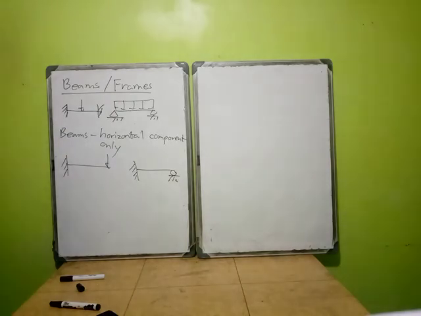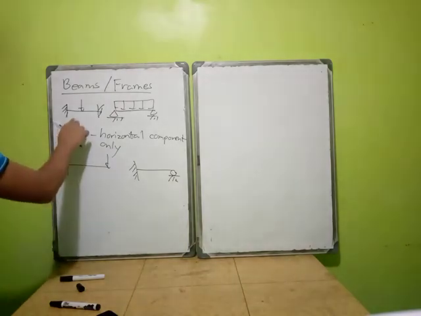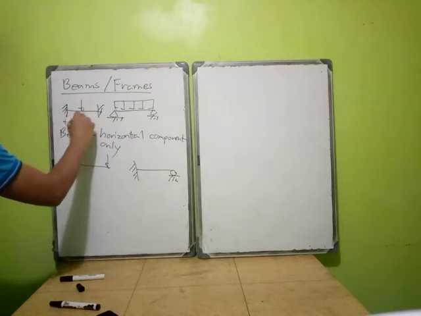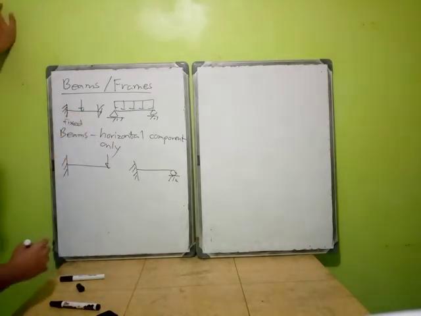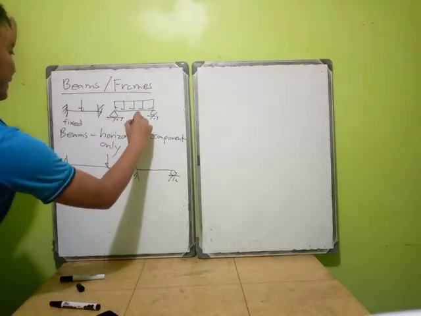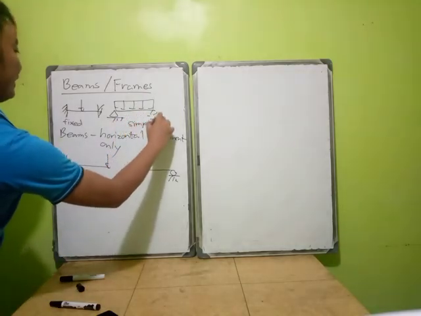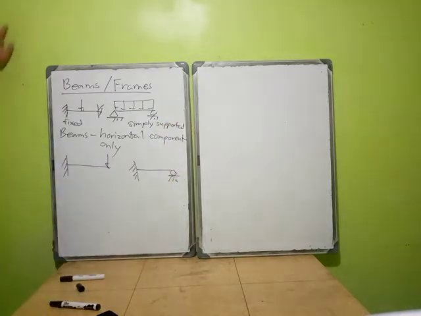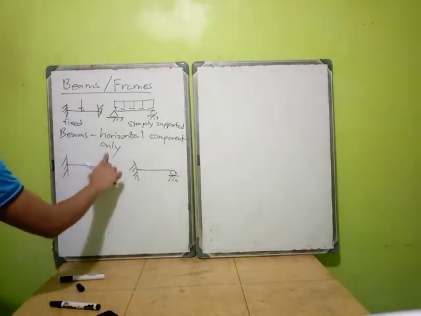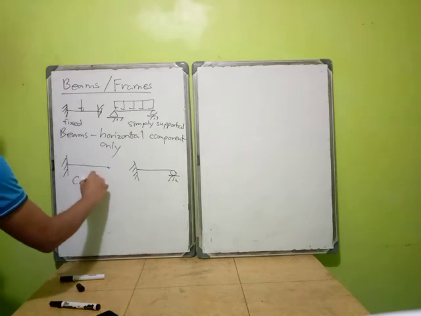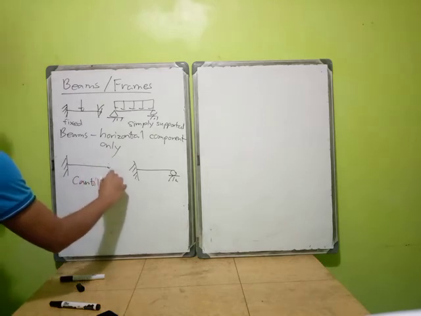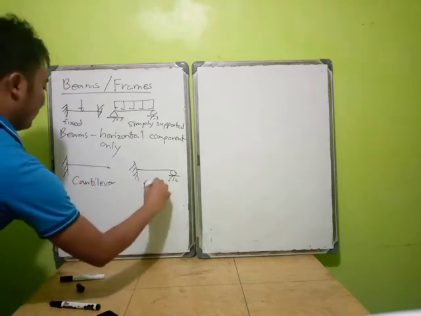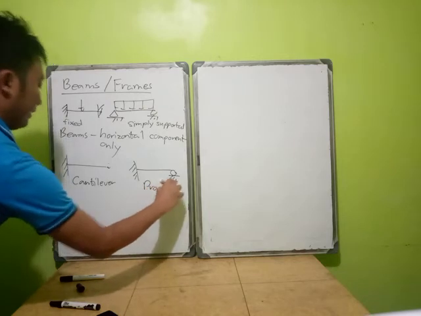So this is fixed, simply supported, then this is cantilever, and this is prop.